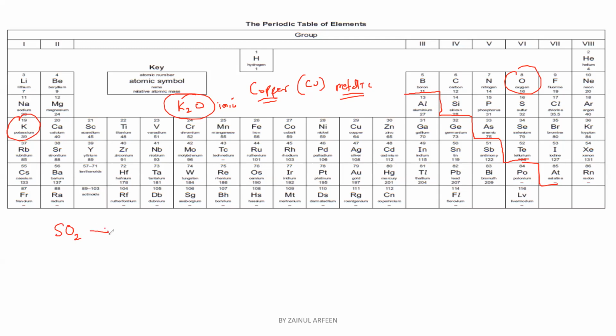Ionic, covalent, or metallic? Sulfur dioxide, we have sulfur and oxygen. As you can see, two non-metals are there, so they will have a covalent bond.